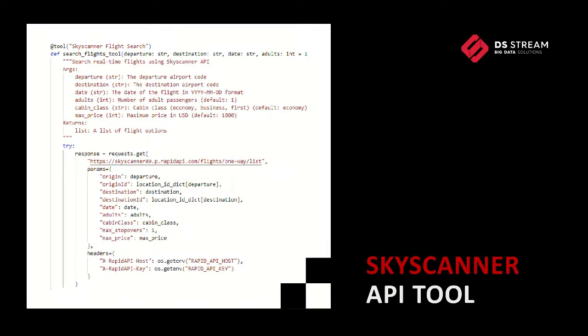Essentially, this is the messenger between the agent and the flight service. The agent says, I need flights from city A to city B on this date, and the tool asks Skyscanner for flight options. Once it gets the results, it hands them back to the agent, which then picks the best option for you. This process happens automatically, saving you the work of searching for flights yourself.